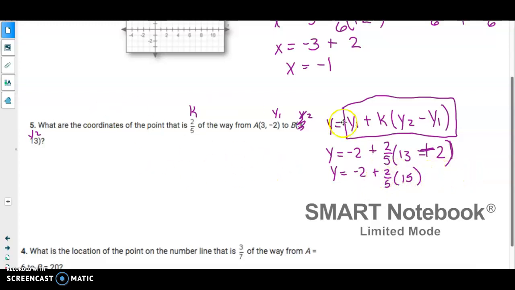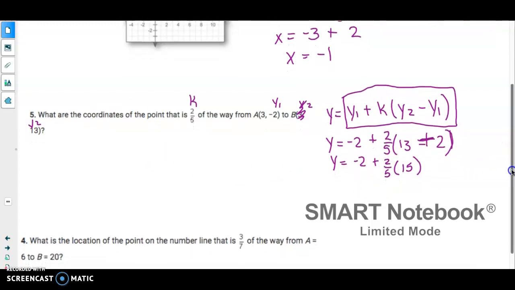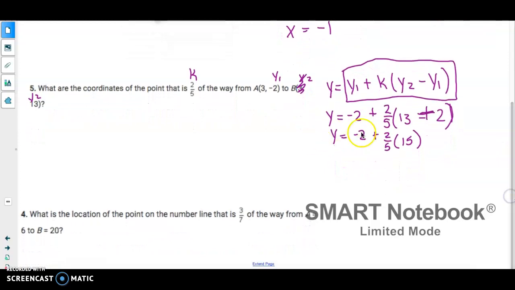When you multiply this, 15 times 2 is 30. 30 divided by 5 is going to be 6. So negative 2 plus 6, so y will equal 4.